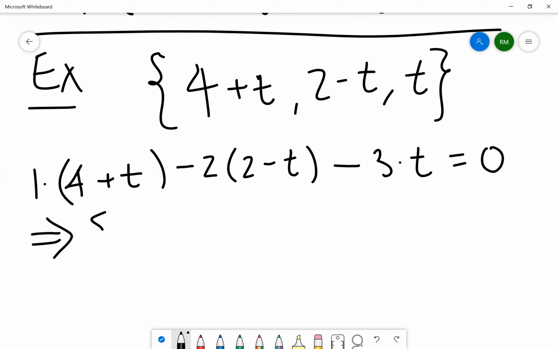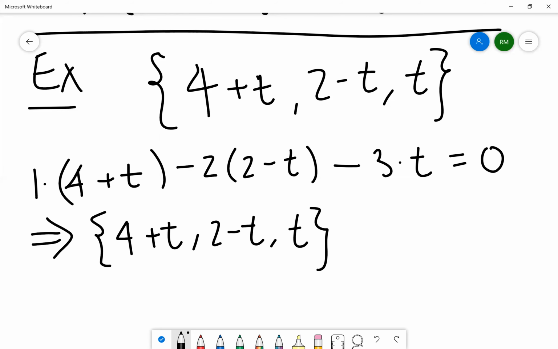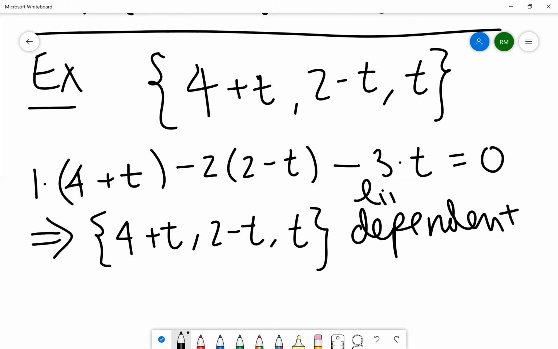This set of vectors I started with is actually linearly dependent, because I was able to find a c1, a c2, and a c3 that I multiplied by these vectors, where it all added up to the 0 vector.